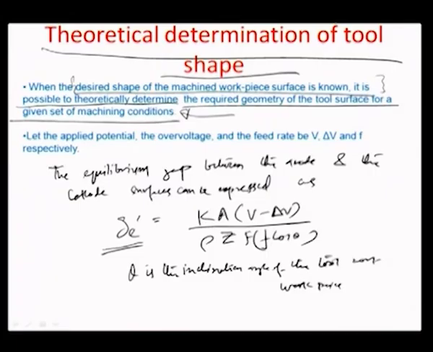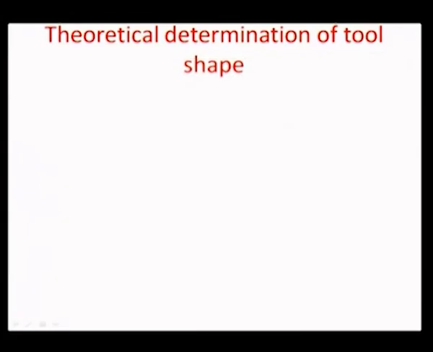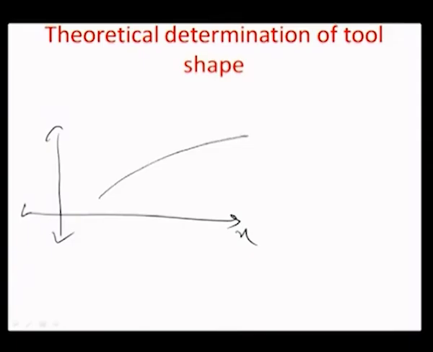And let us now assume a certain random tool surface and workpiece surface as represented here. Let us say this is the xy plane and we are talking about a certain shape here of the workpiece. Okay. Let us say this is the shape of the workpiece, which we are aware of, meaning the final shape which is desirable, given by the design team for the component.